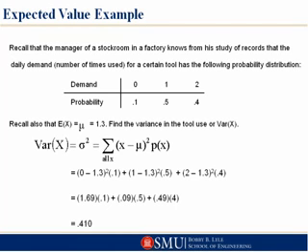Okay, so expected value example, going back to this and looking at what the variance would be. This goes back to that same example. If you calculated it through, the mean turned out to be 1.3.